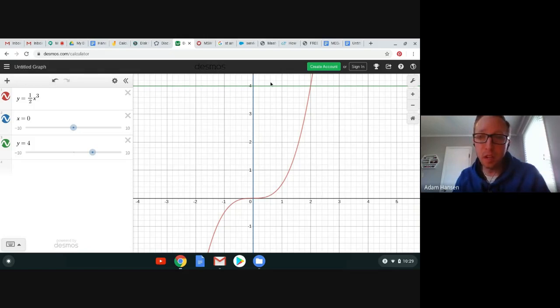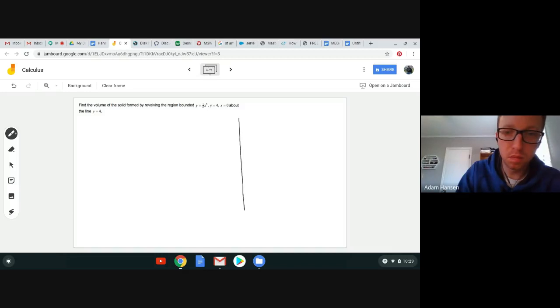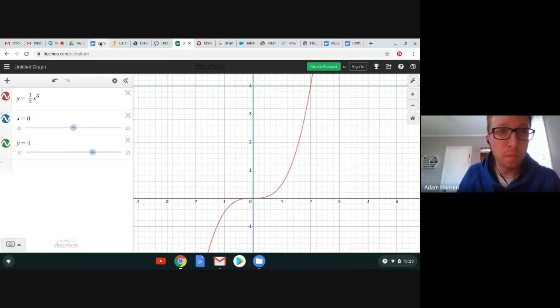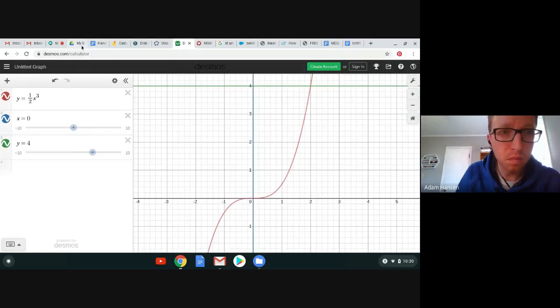And once again, we're rotating around this green line on top, y equals 4.